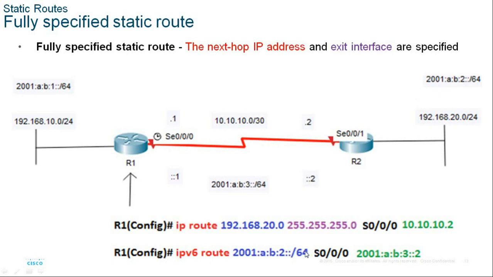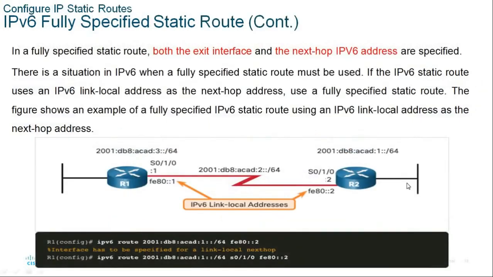This is the whole network, followed by the exit interface serial 0/0/0, and the next hop address for IPv6 is 2001:A:B:3::2. Like that, you have to configure the fully specified static route.